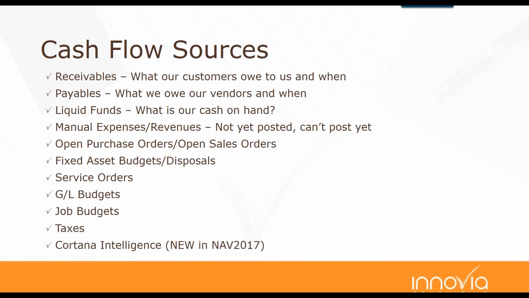Also, all of our open POs and sales orders, fixed assets, budgets, disposals. An example there would be, we have a budgeted fixed asset that we will acquire in a couple of months, or maybe we have a planned disposal that will have a positive impact on our total cash flow. We can take those into account as well.